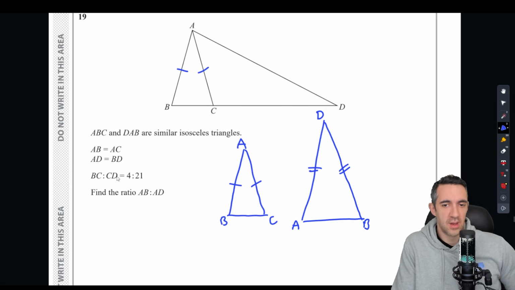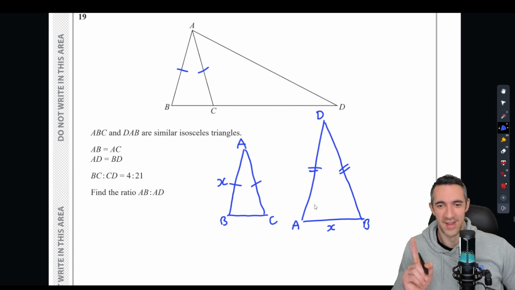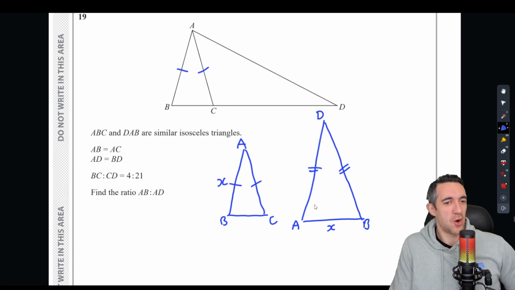Then they share, this is the key thing I think we've got to realize, they share this common side. So AB appears on both triangles. So let's call AB on the left X, and then AB on the right would also be X. That's the big thing. They've got this common side, right? It's in different places, but it's a common side.